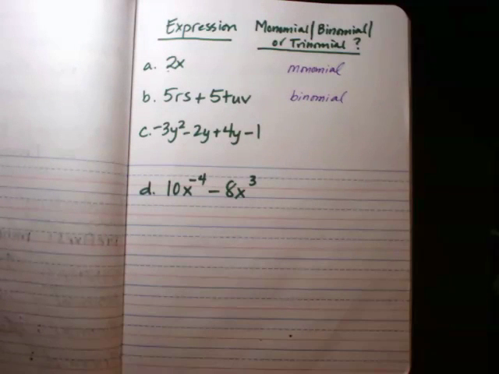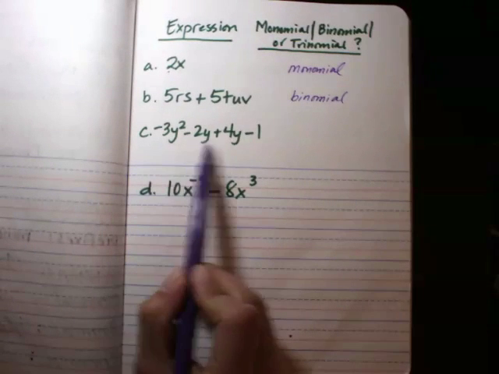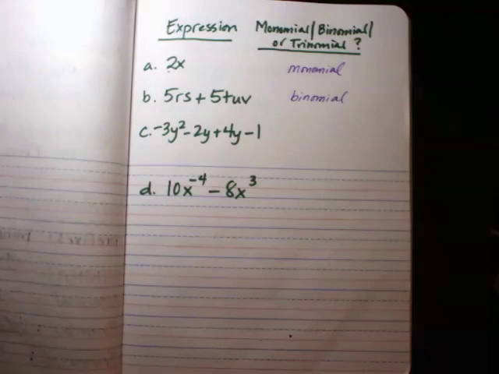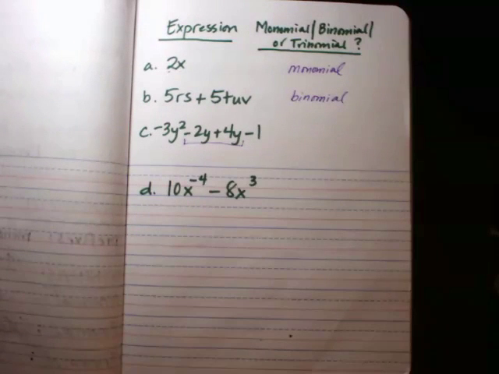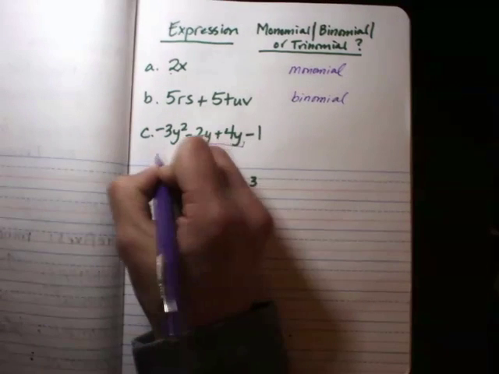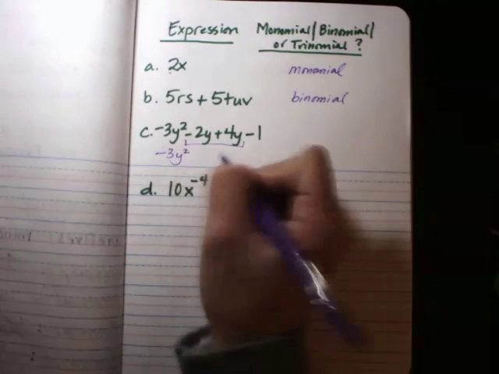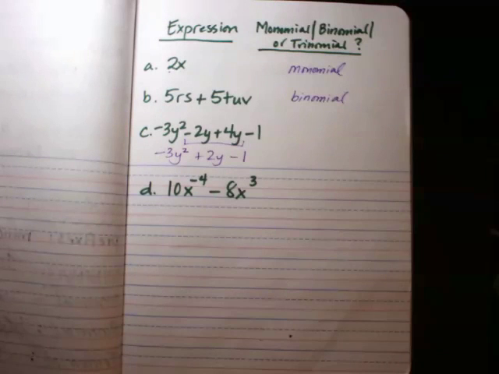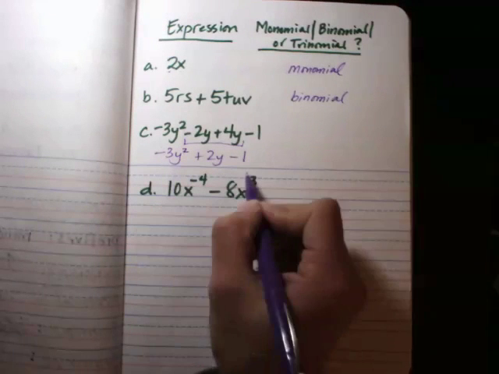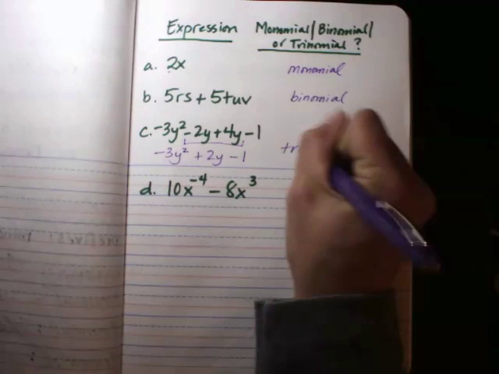For C, you have 1, 2, 3, 4 terms, but take a look at this. We can combine these two terms to make negative 3y squared plus 2y minus 1. We're simplifying this. Now what you see here is a trinomial.